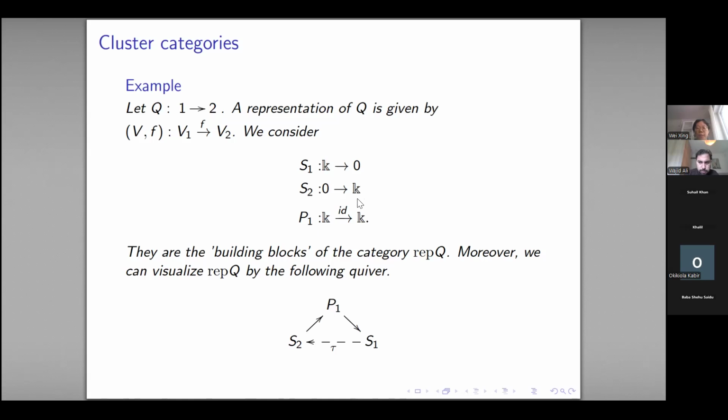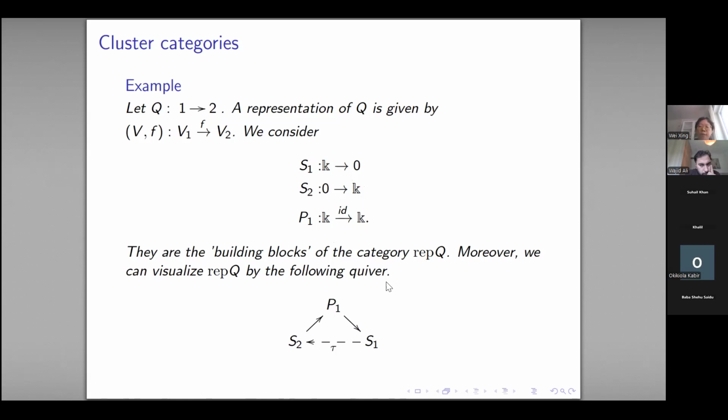And another representation S2, in which we put a one-dimensional vector space on vertex 2 and 0 on the other one. And P1, in which we put one-dimensional vector spaces on each of them and the identity map on the arrow. So it turns out that these three representations are the building blocks of the whole category.